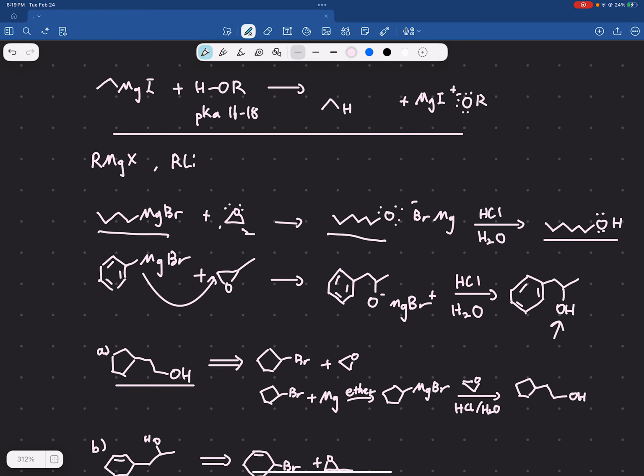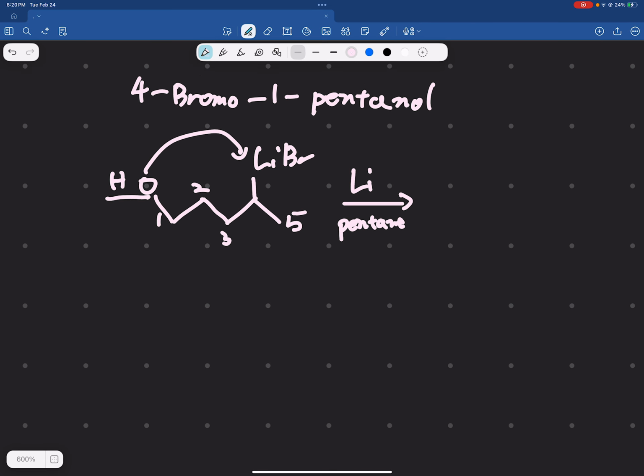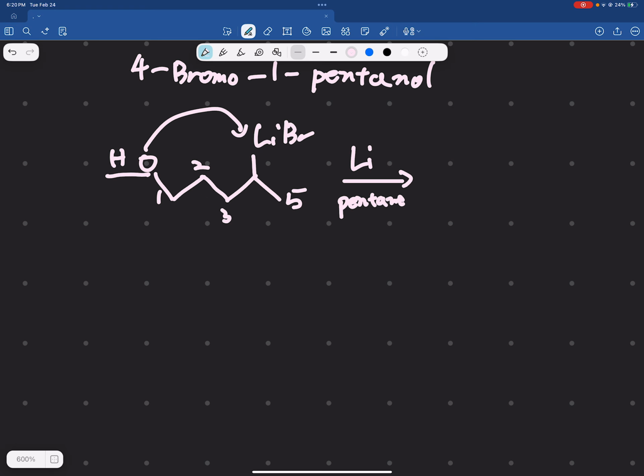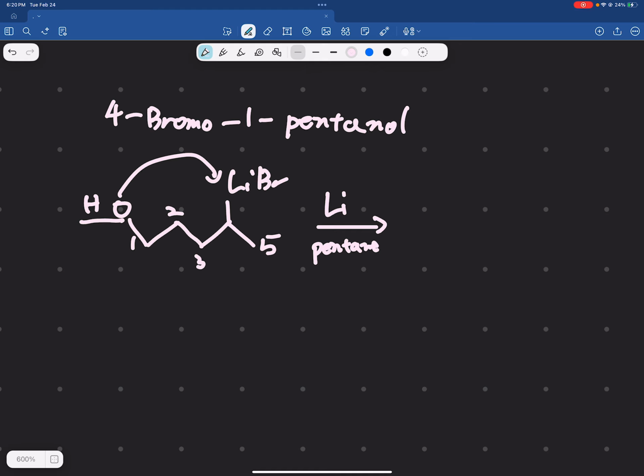That looks like this, and it's going to destroy itself. So a compound with a functional group like this with an acidic pKa is not going to be able to form an organolithium reagent.